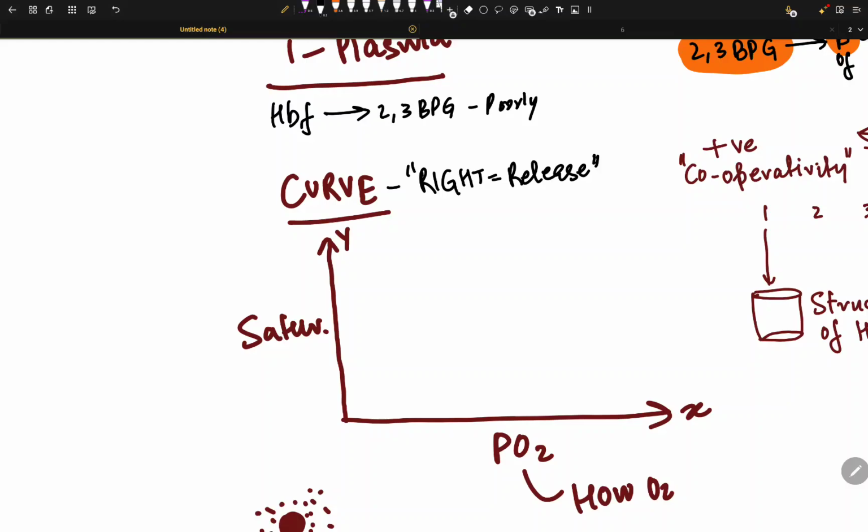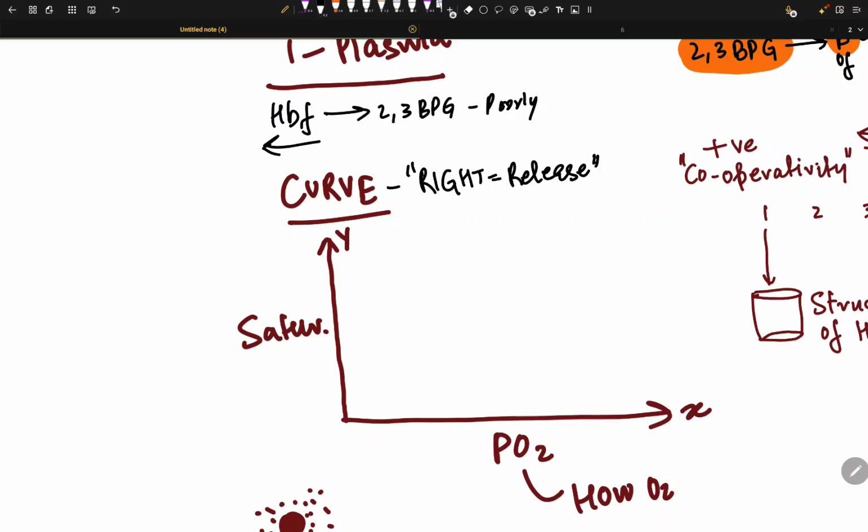So HbF has quite high affinity, and on the dissociation curve we actually see a left shift rather than a right shift. We see a right shift mostly on the beta chains of adult hemoglobin. So this allows the oxygen to be transferred from mother to fetus, and this is how it actually works.